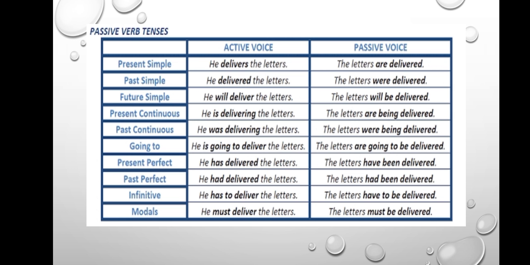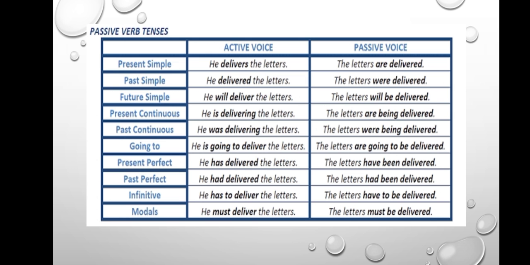We use verb s or es in simple present tense only with the singular subject, and verb first with the plural subject. Here he is the singular subject, that's why we have used verb s or es in simple present. Who is doing the action here? He. He is the subject, delivers is the verb, and the letter is the object.